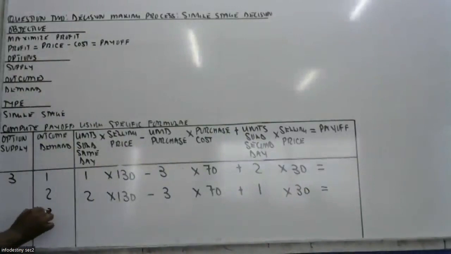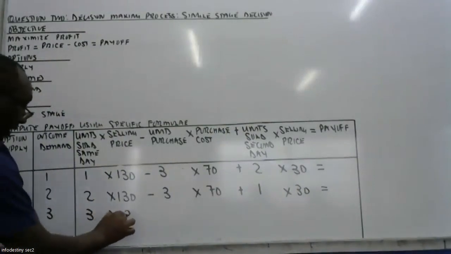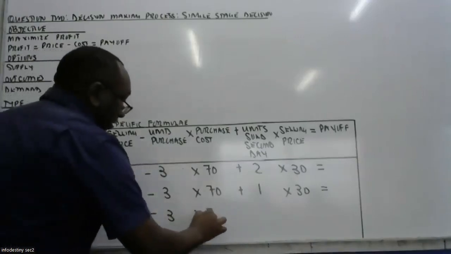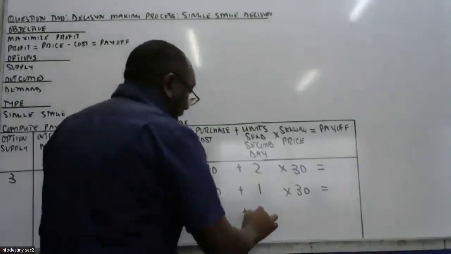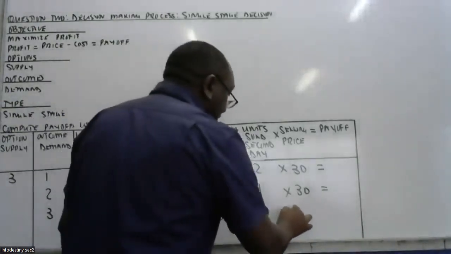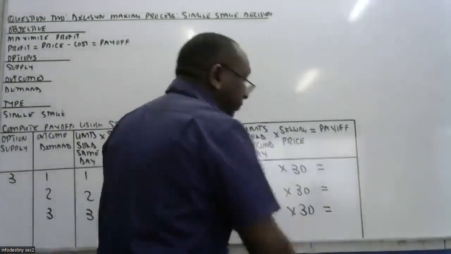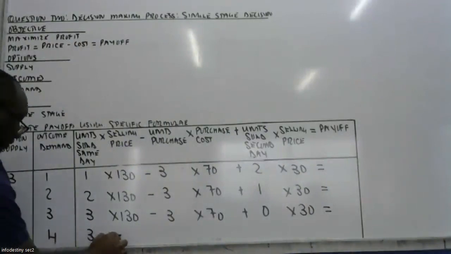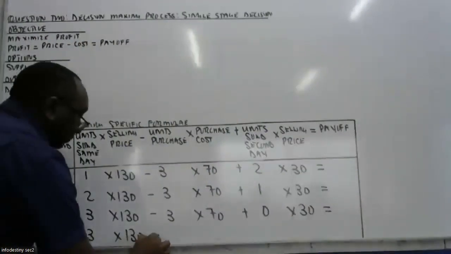If 3 customers come, you sell 3 at 130. You have bought 3 at 70. And here, 0 remains at 30. And if 4 customers come, you sell 3 because you have 3 at 130.